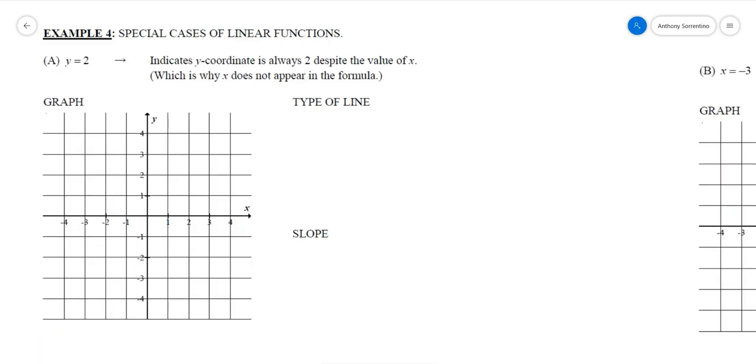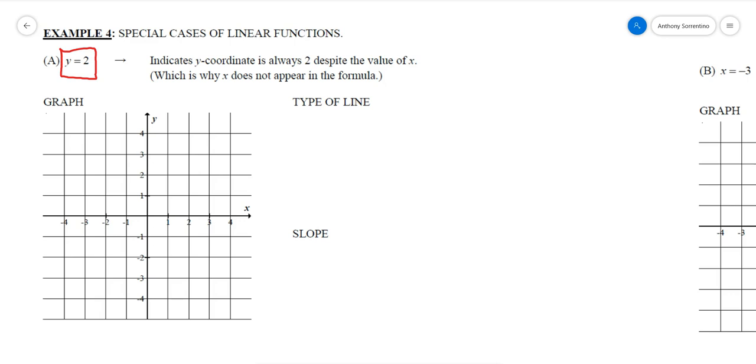Now, one example would be the equation of something like y equals 2, or y equals any number. What this is indicating is that the y-coordinate is always 2 despite the value of x. So that means that x doesn't matter to this. X has no bearing on what the y value is.